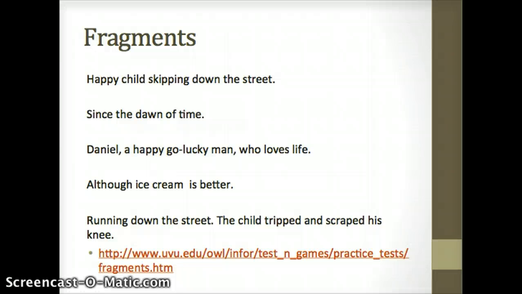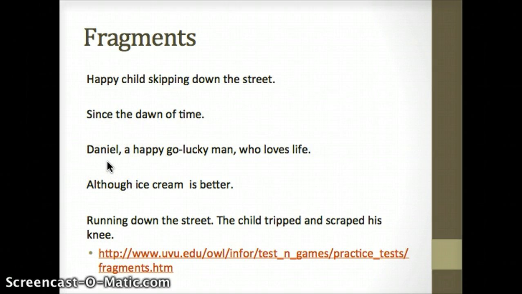So since the dawn of time, comma, complete the thought. Humankind has enjoyed sleep and food. Whatever, right? So you need more information. It needs a subject-verb combination, a clause to make it stand on its own.